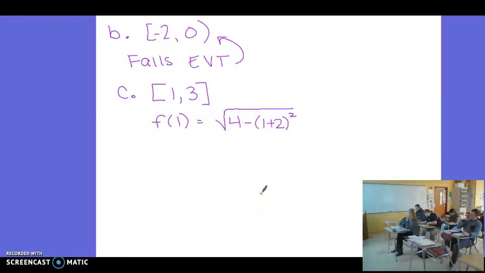So 1 plus 2 is 3, 3 squared is 9, and 4 minus 9 is the square root of a negative number. So what does that probably tell me about this interval and the domain of my original function?